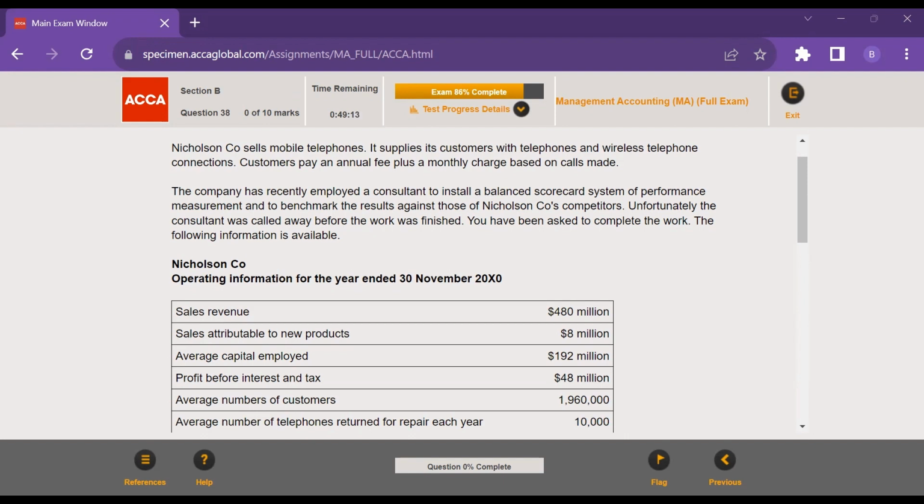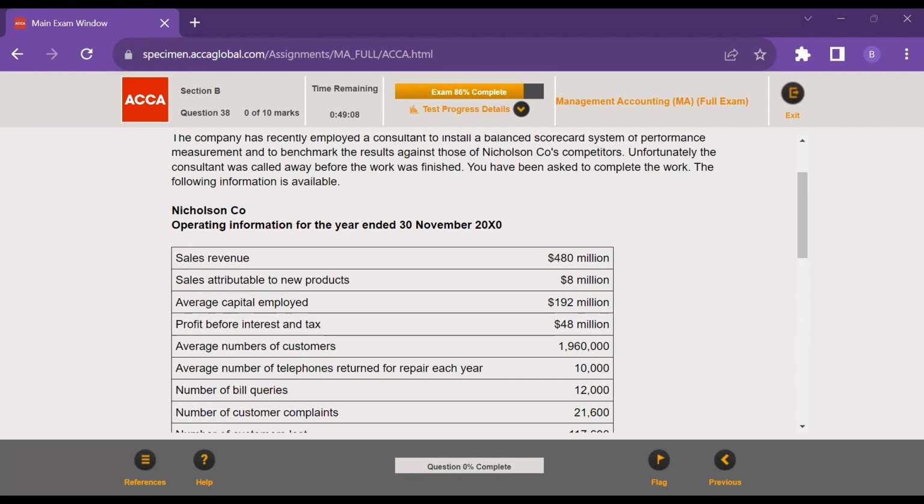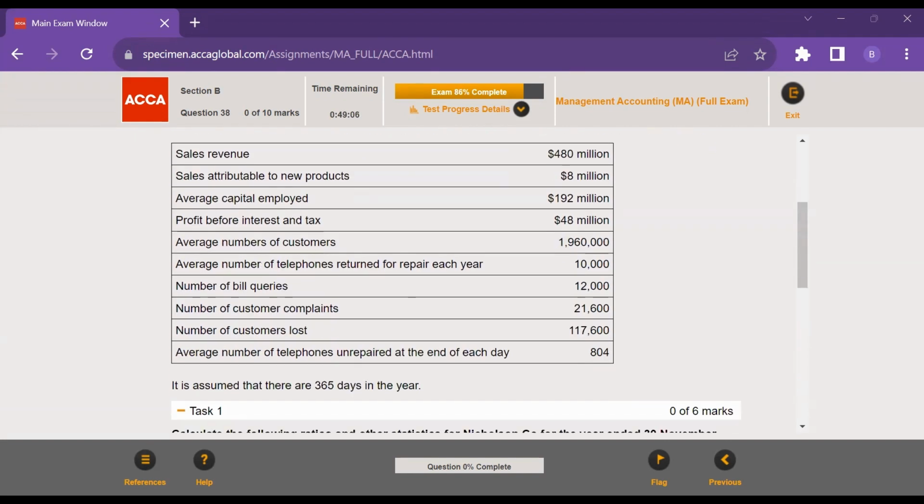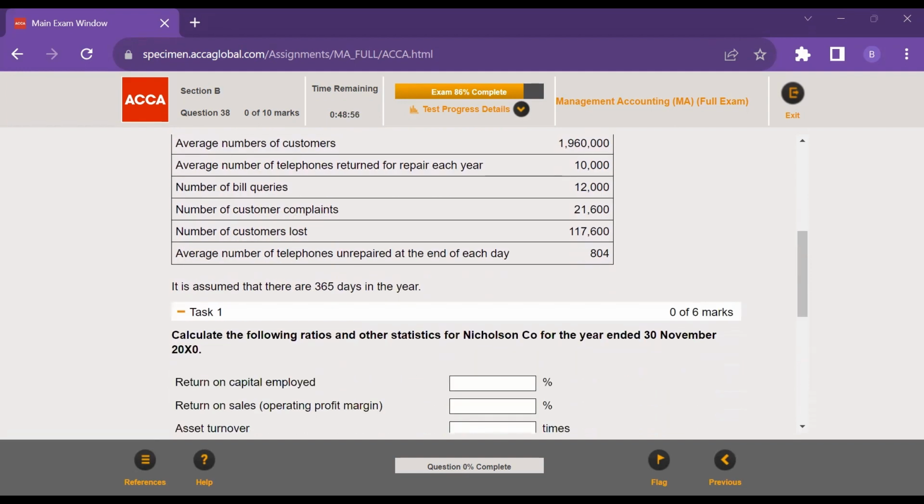Unfortunately, the consultant was called away before the work was finished. You have been asked to complete the work. Okay, so the following information is given. You have the revenue, you have revenue attributable to new products, you have capital employed, PBIT, customers. Okay, so let's have a look at the tasks.